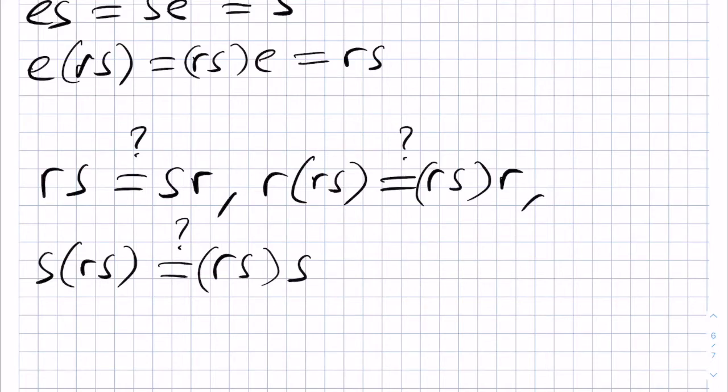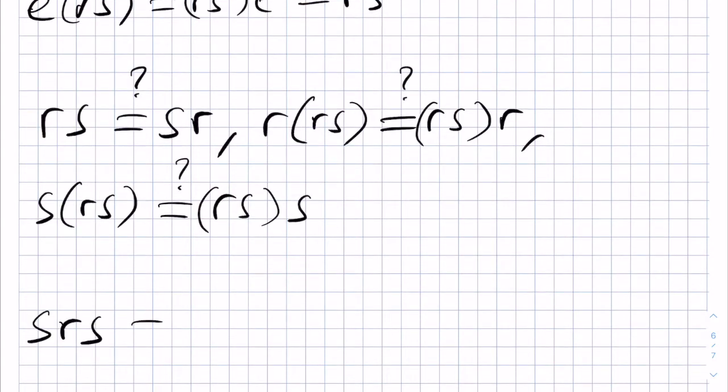To check these three results, we'll need that srs is equal to r inverse for any dihedral group. Notice that because r squared is equal to e in this particular dihedral group D4, r inverse is equal to r.